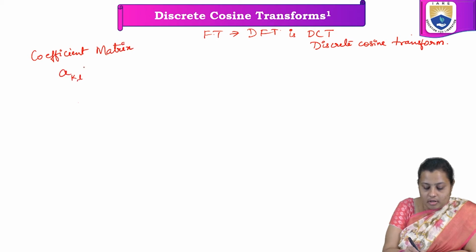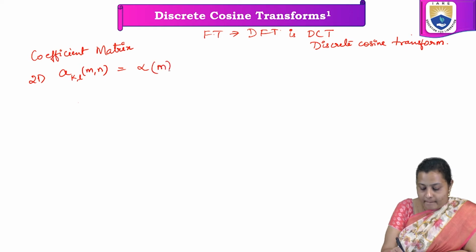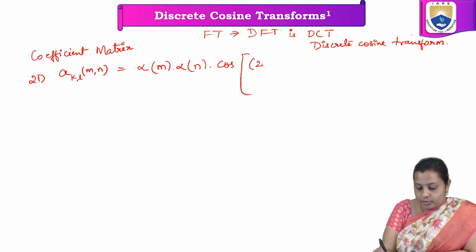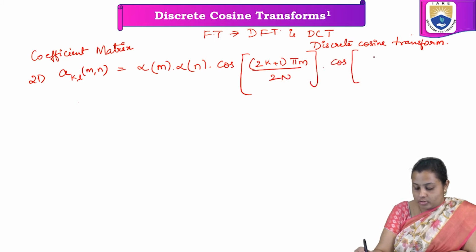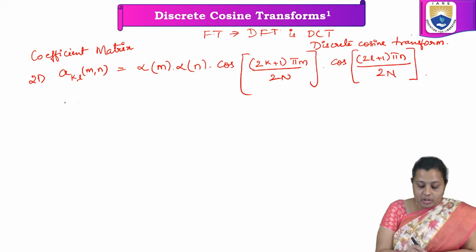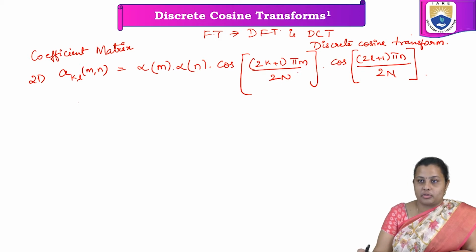A(k, l, m, n) in two dimensions is given by alpha of m into alpha of n, into cos of (2x plus 1) pi m by 2N, into cos of (2l plus 1) pi n by 2N.